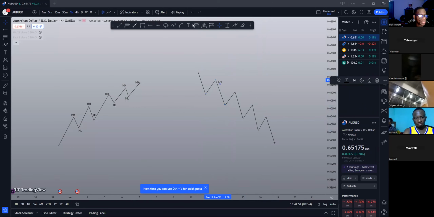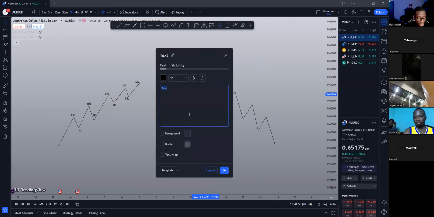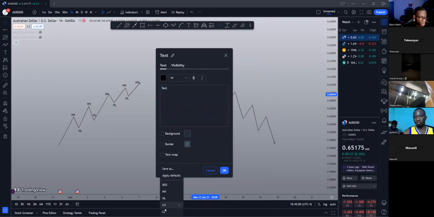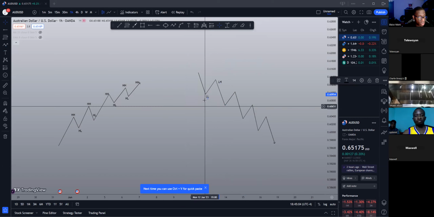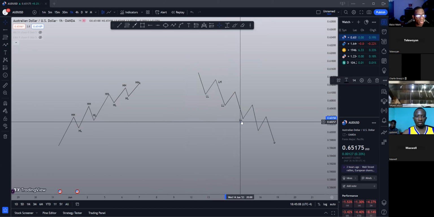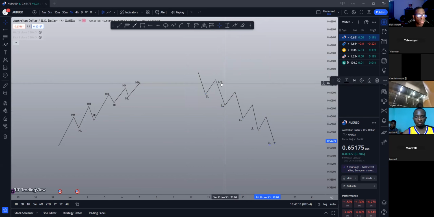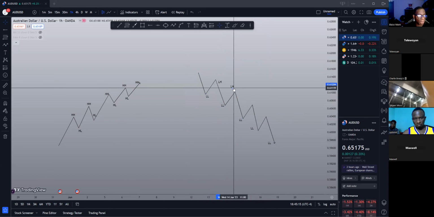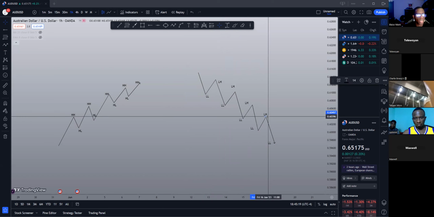That's a lower high, and that's a lower low right there. Lower low, lower low, and lower high, lower high, and lower high.